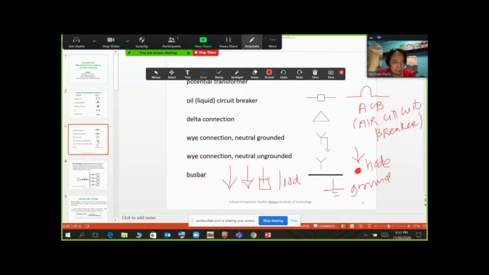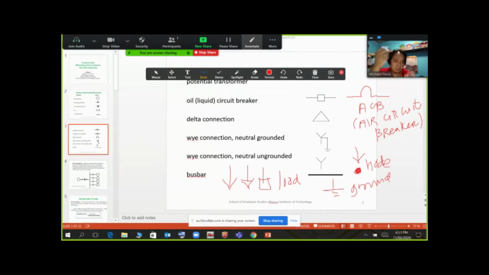So again, we need these symbols here, and if we interconnect all of them, we create a single line diagram, which is a very, very, very vital diagram for a power system engineer or an operation engineer.